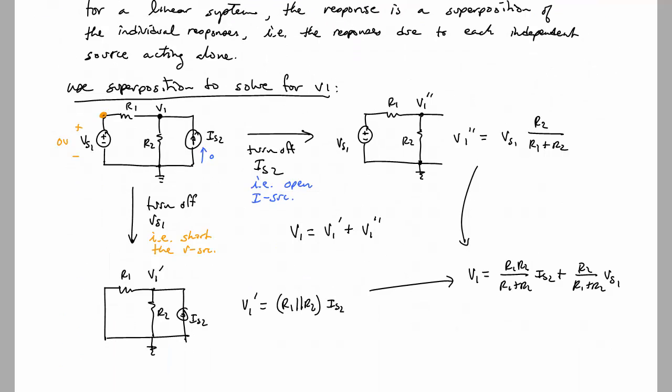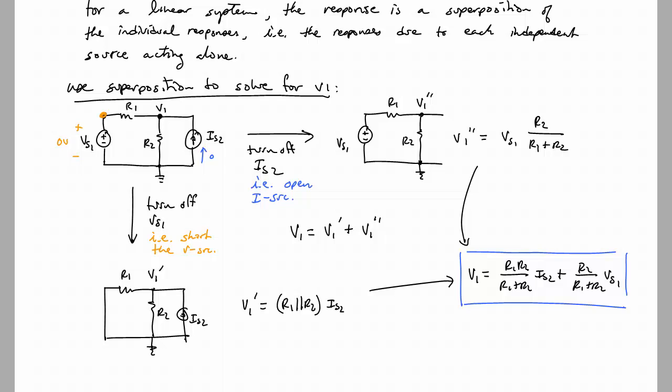So to recap, when we're studying linear systems, which is all that we'll do in this class essentially, you can use superposition to help you solve problems. Sometimes it will help you significantly, other times it will not. In this case, it wasn't that hard to write the one KCL equation. But here, you could get it simplified enough that you could just write things by inspection.